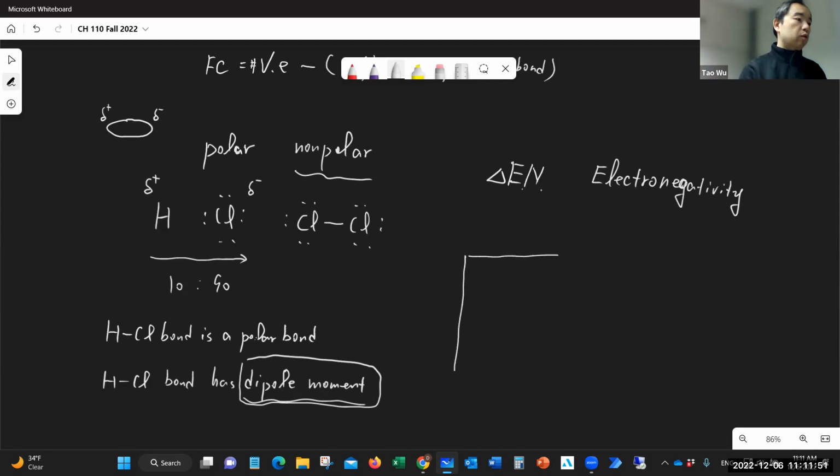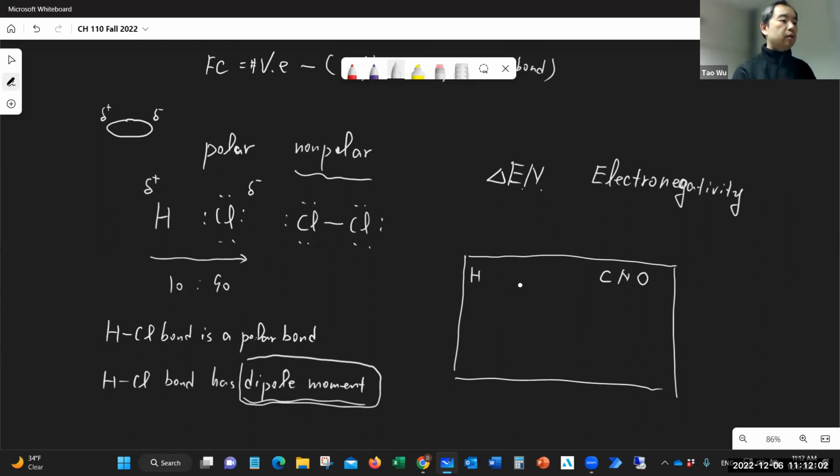So based on the periodic table, if we have hydrogen over here, and we have carbon, nitrogen, and oxygen, what is the difference between the carbon-hydrogen bond, the nitrogen-hydrogen bond, and the oxygen-hydrogen bond? Those are different elements bonded with hydrogen.